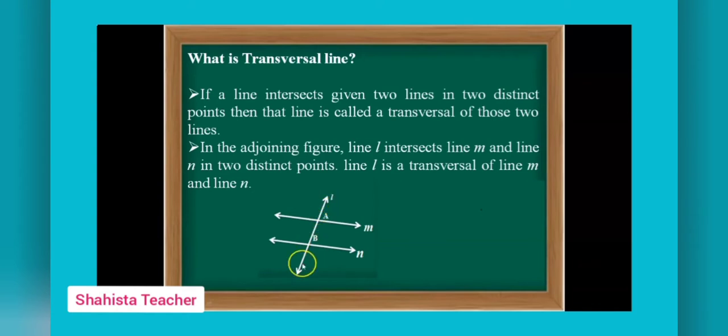Here line L is the transversal line, and A and B are both intersection points. Whenever any line intersects two lines, such a line is known as a transversal line. And parallel lines are those lines which are not intersecting each other.